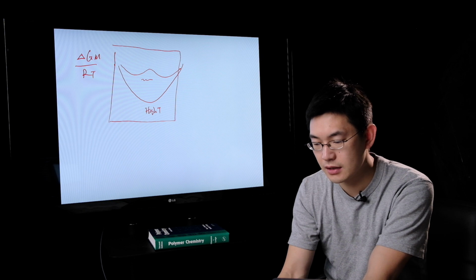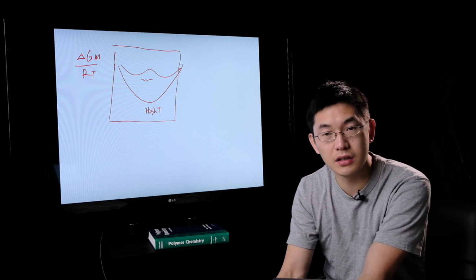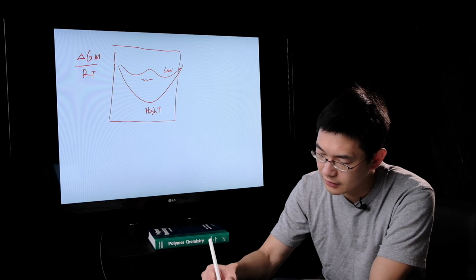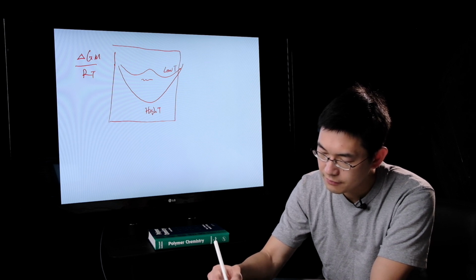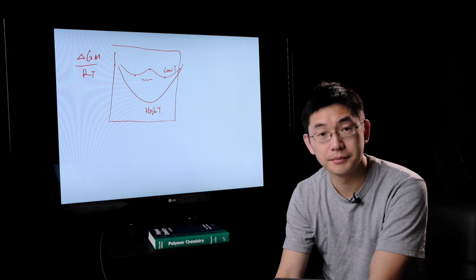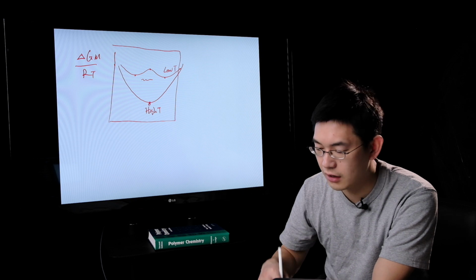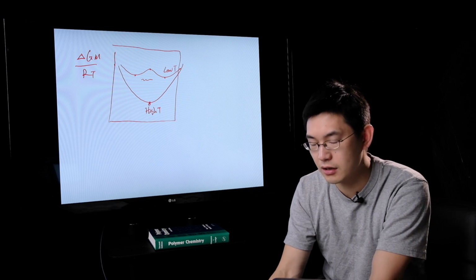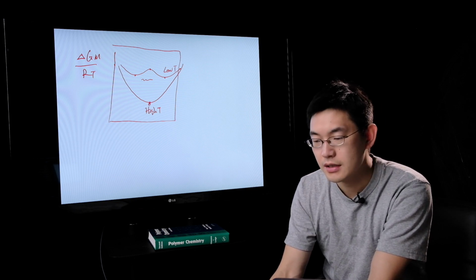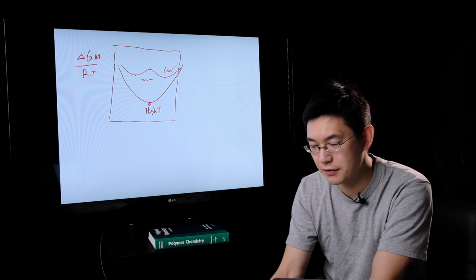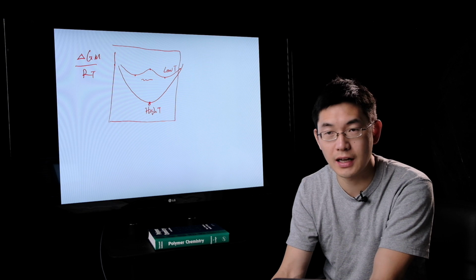In delta G M divided by RT at low temperature, you could have two local minima and one local maximum. While at high temperature, you only have one local minimum, not maximum.